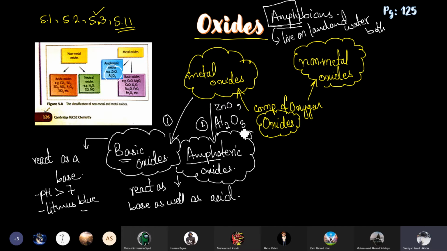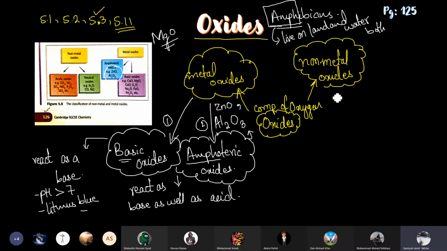If you learn these two, it will be very easy because the rest of the metal oxides will be basic. If it comes up that MgO, is it basic or amphoteric? We know it's a metal oxide, but if you learn that only zinc oxide and aluminium oxide are amphoteric, you can quickly say it is basic. Please learn these.